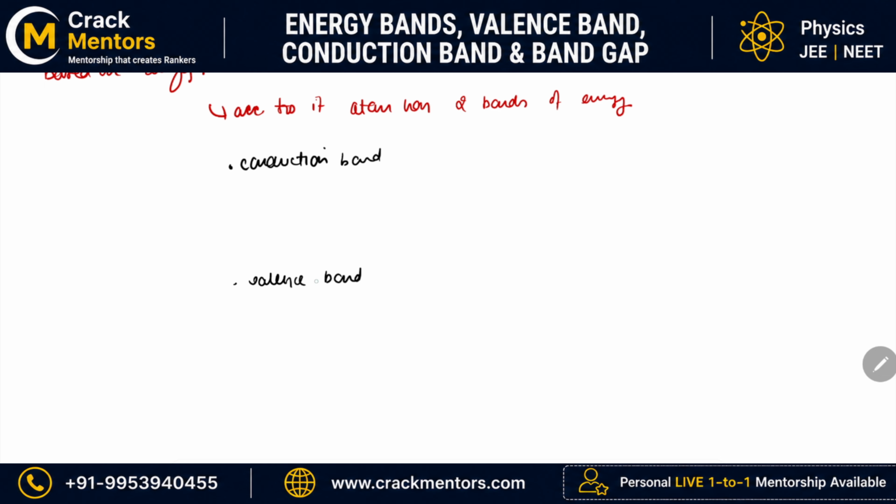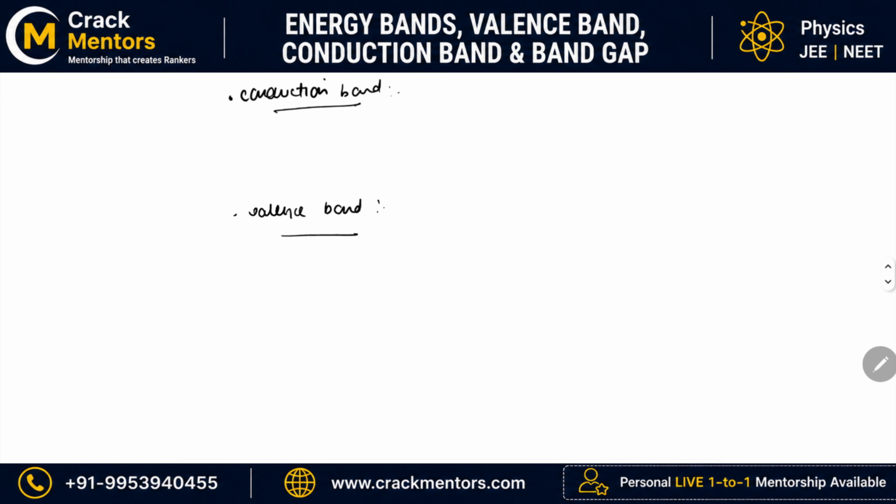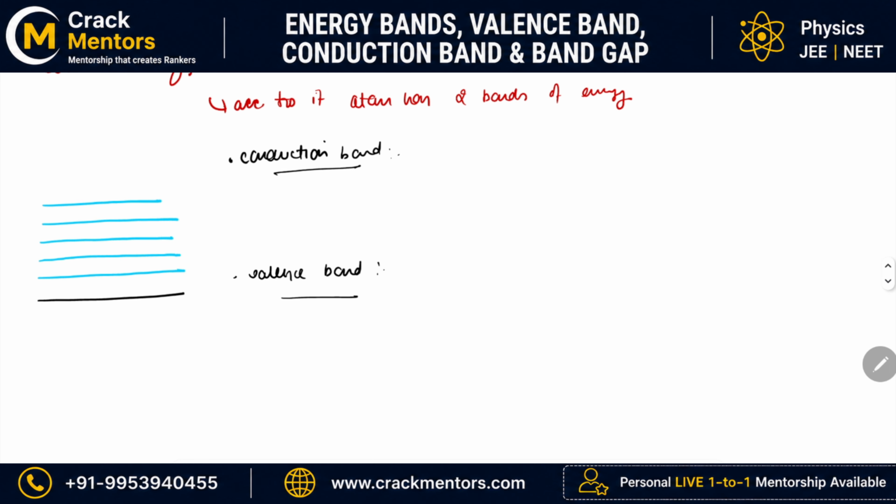So how do they look? If this is my reference line, my valence band is close toward the reference, like this, and over the valence band we have our conduction band.